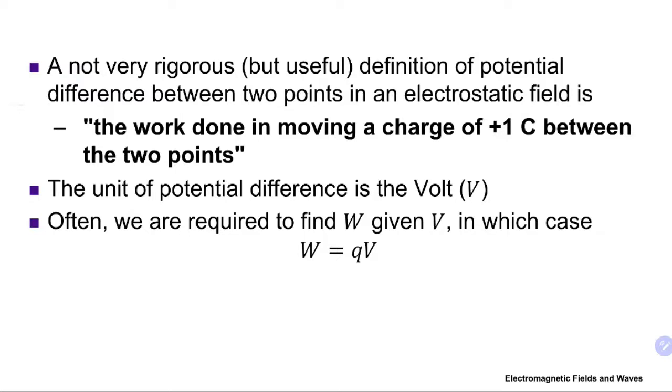So, the definition of potential difference between 2 points in an electrostatic field is the work done in moving a charge of 1 coulomb between 2 points. Okay, although it's not very rigorous because again 1 coulomb charge is rather big, but that's the idea.